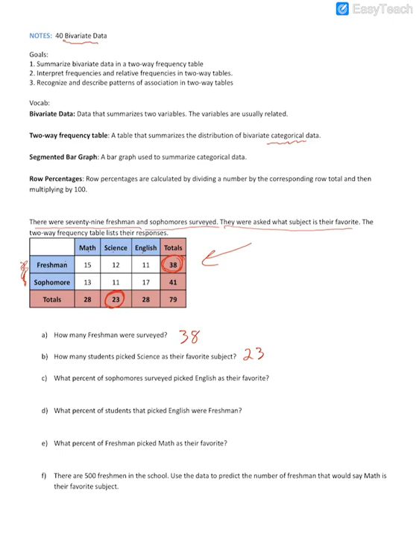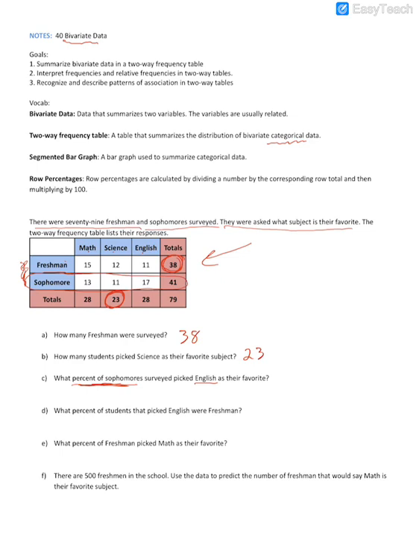What percent of sophomores surveyed picked English as their favorite? So now we have two things. We have sophomores and English, and it says what percent of sophomores, okay? So we have to start by only looking at the second row here, right? We're just looking at that row.